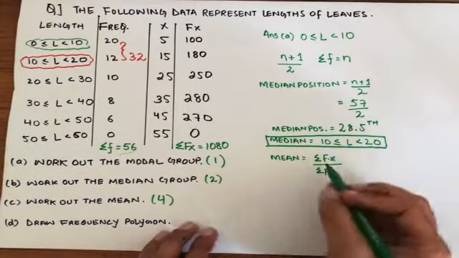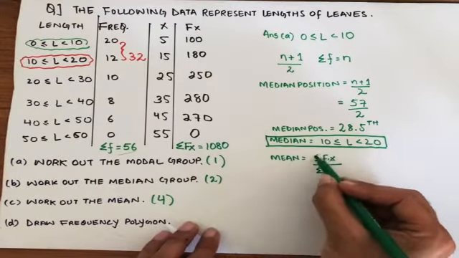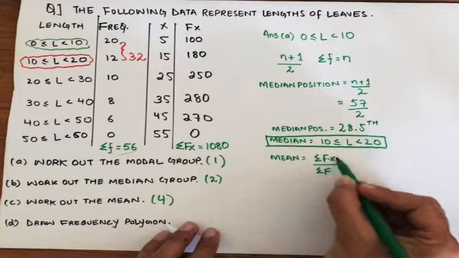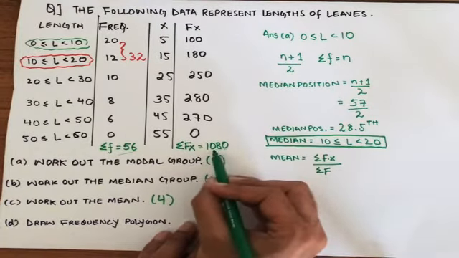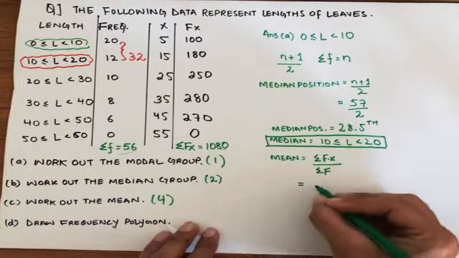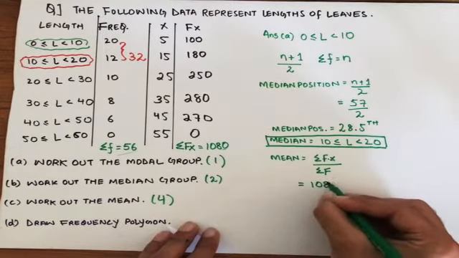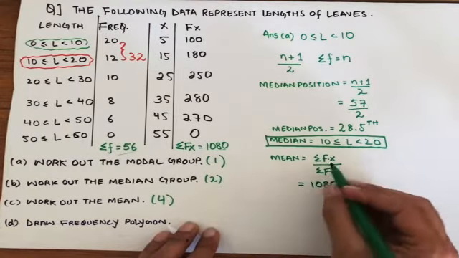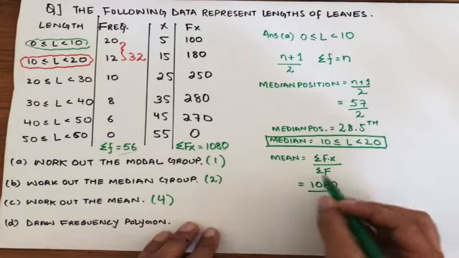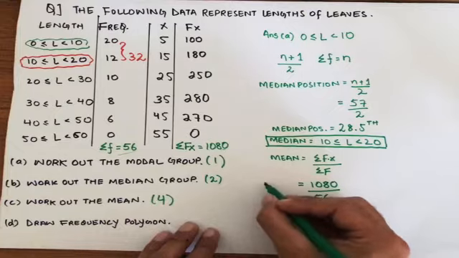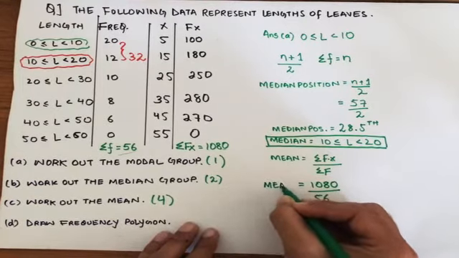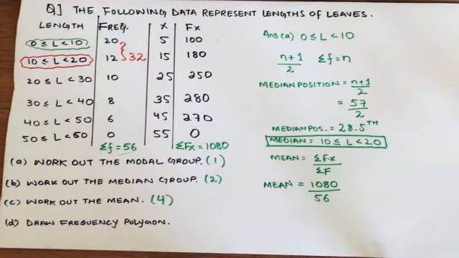So I am substituting 1080 into the formula and also the summation f into the formula. This would be my mean, 1080 over 56.